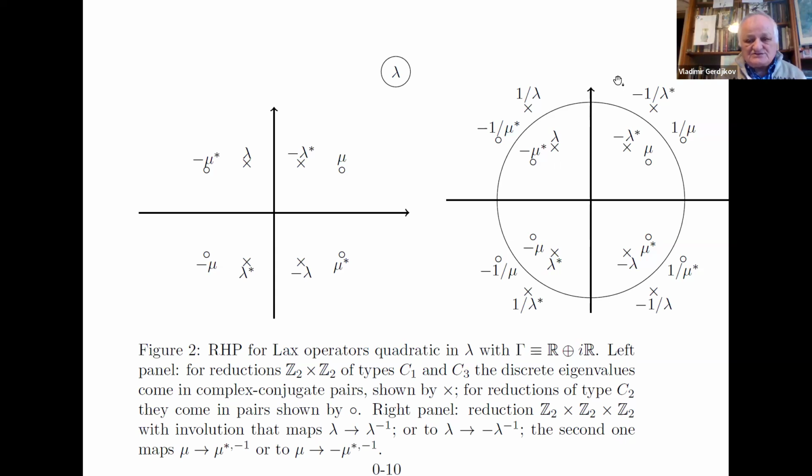So I show this picture just to give you an idea how a more complicated Mikhailov group could affect the Riemann-Hilbert problem. And it is really very important that from the very beginning we make the Riemann-Hilbert problem compatible with the Mikhailov reduction group. After that, we can analyze what happens with the singularities and things like that.